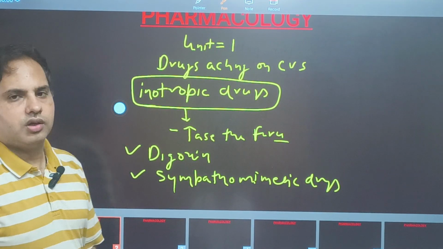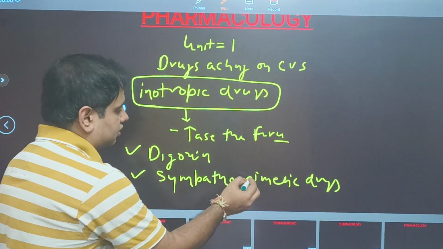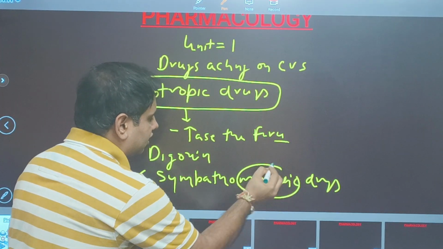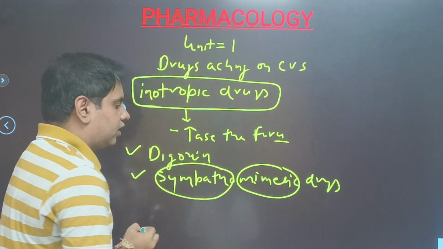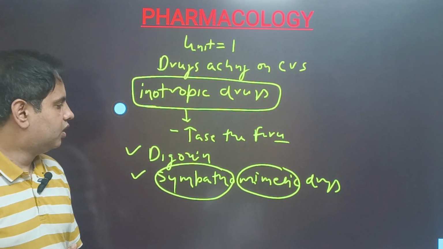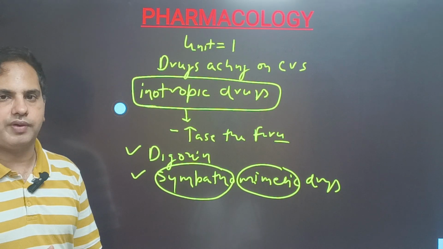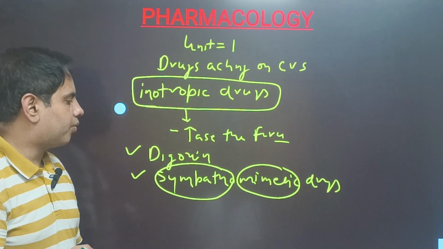These are the drugs which mimic the sympathetic system. The word mimetic is there, and there is sympatho. So the drugs which mimic the sympathetic system we call sympathomimetic drugs. These also increase the force of contraction of the ventricles, so we call them inotropic drugs.